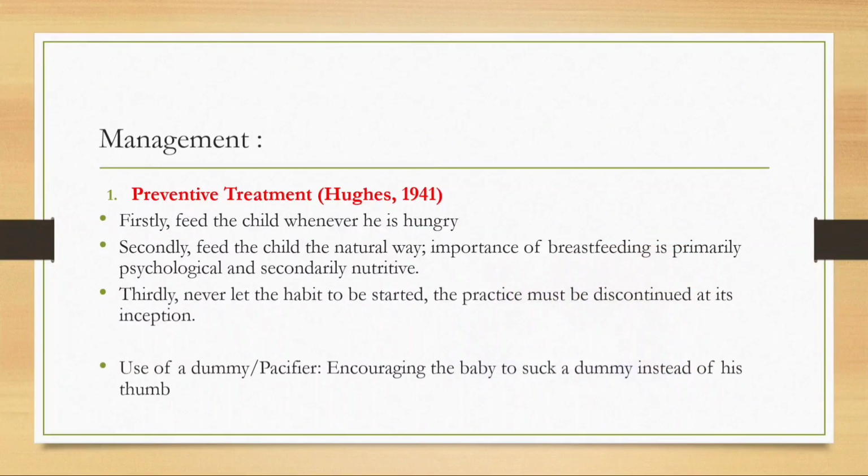So how do we manage it? Firstly, feed the child whenever he or she is hungry. Secondly, feed the child in a natural way. The importance of breastfeeding is primarily psychological and secondarily nutritive. Thirdly, never let the habit start. The practice must be discontinued at its inception. Use a dummy or pacifier, encouraging the baby to suck a dummy instead of the thumb.